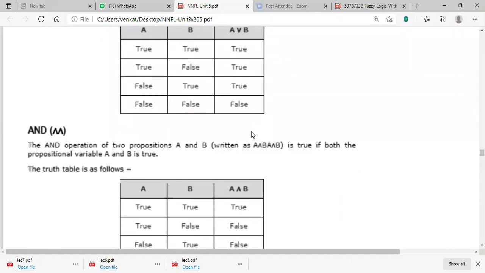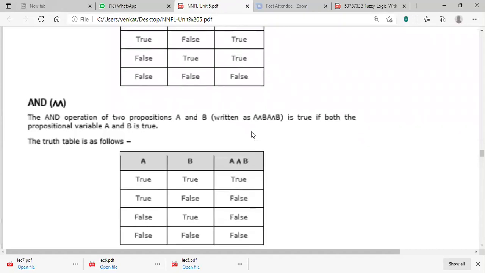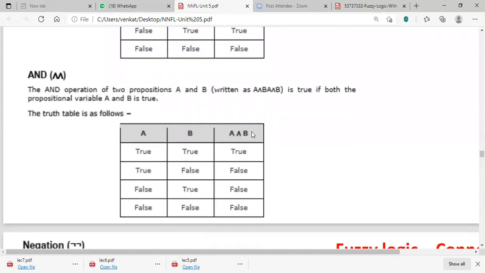Okay. Next, AND operation. So AND operation of two propositions, usually written as A and B, is true if both the proposition variables are true. A and B are true. Otherwise, false.